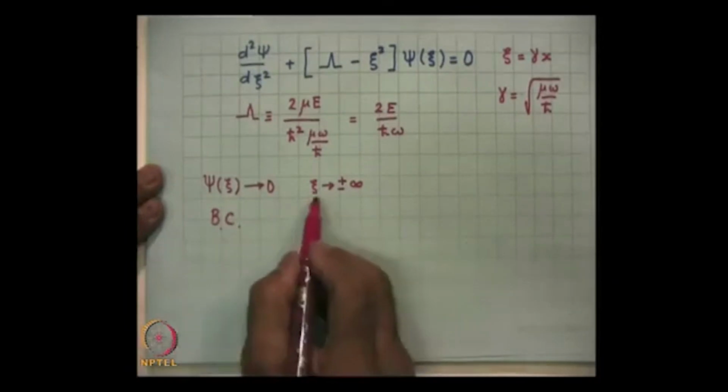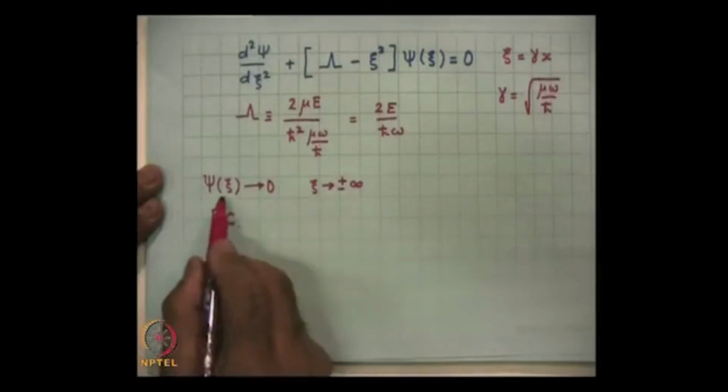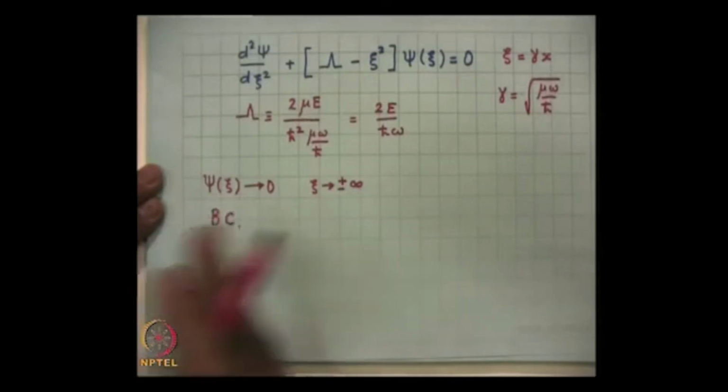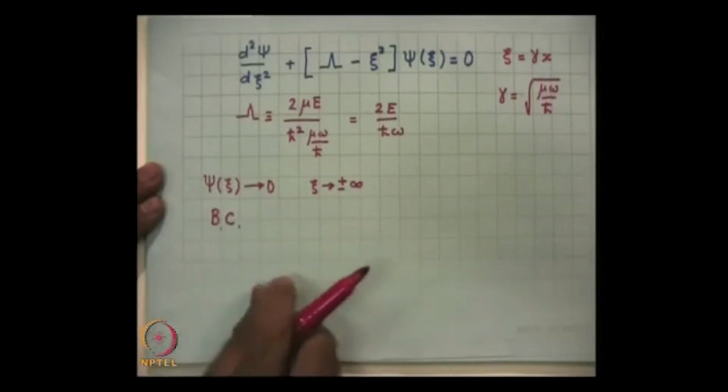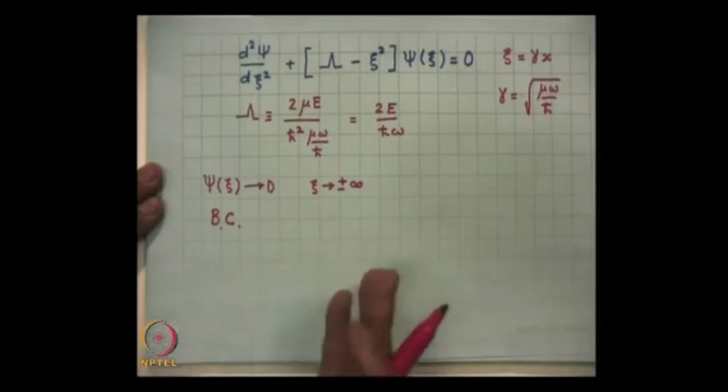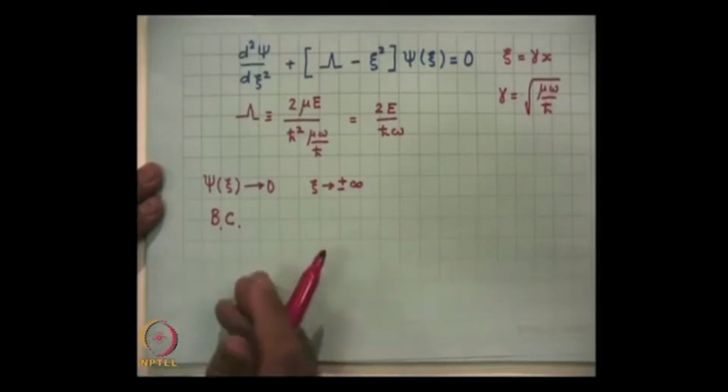So, if I impose the condition that the wave function has to go to 0 as x goes to plus infinity or minus infinity, only then it will be a square integrable function.